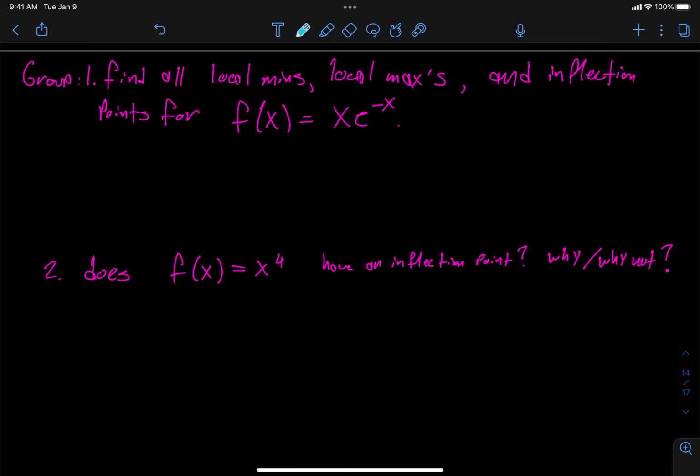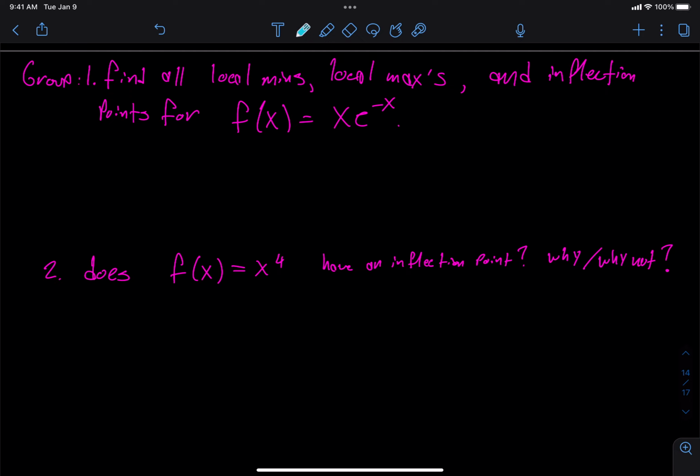Isn't the inflection point just negative 1? That's when it changes directions. Or no, it's not. That's not changing concavity, so there is no inflection point. It just looks like the graph goes up and down.